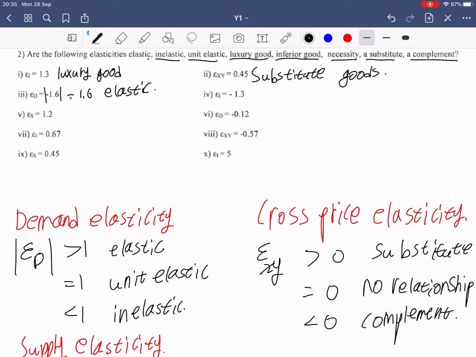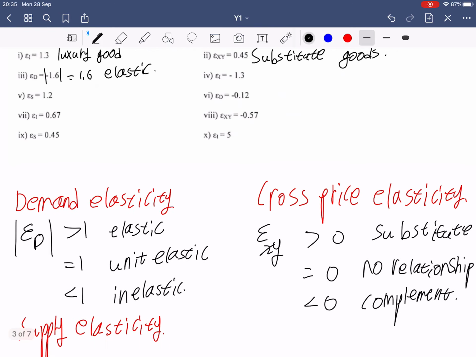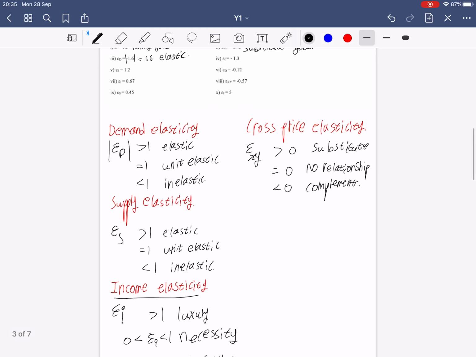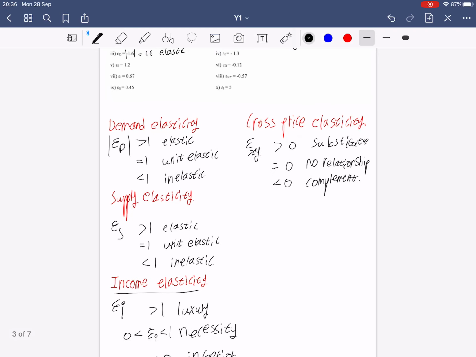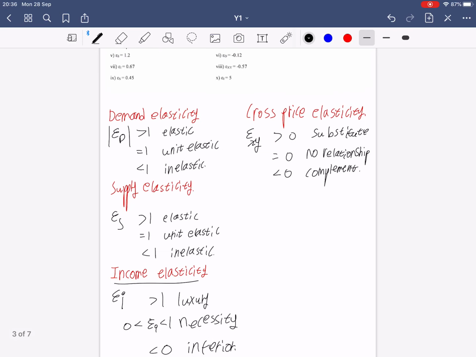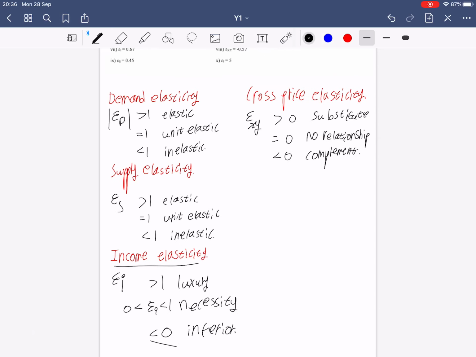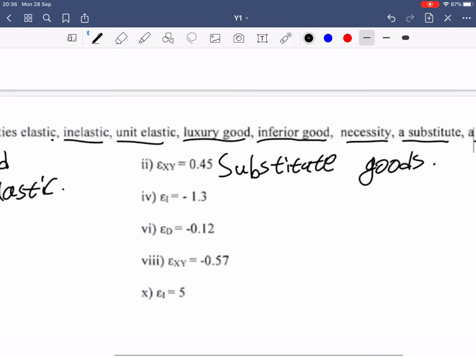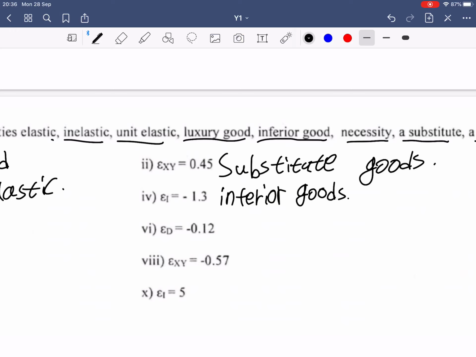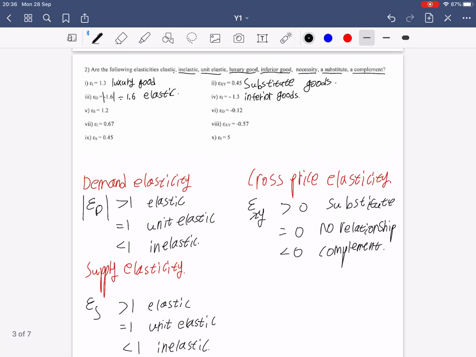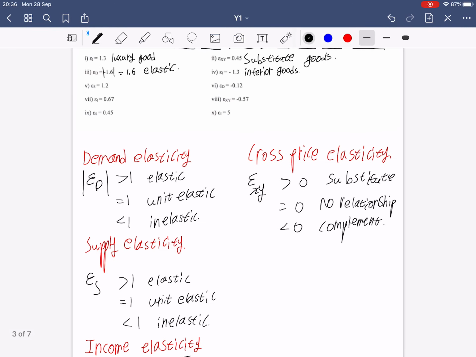In question 4, EI, income elasticity, is minus 1.3, which is less than 0, so it must be inferior goods. ES, which is supply elasticity, is greater than 1, which is 1.2 here, so it must be elastic.